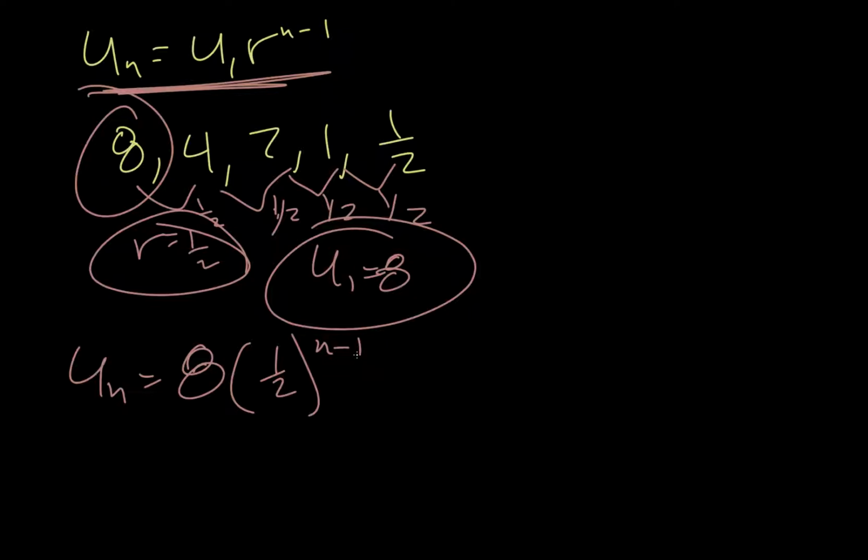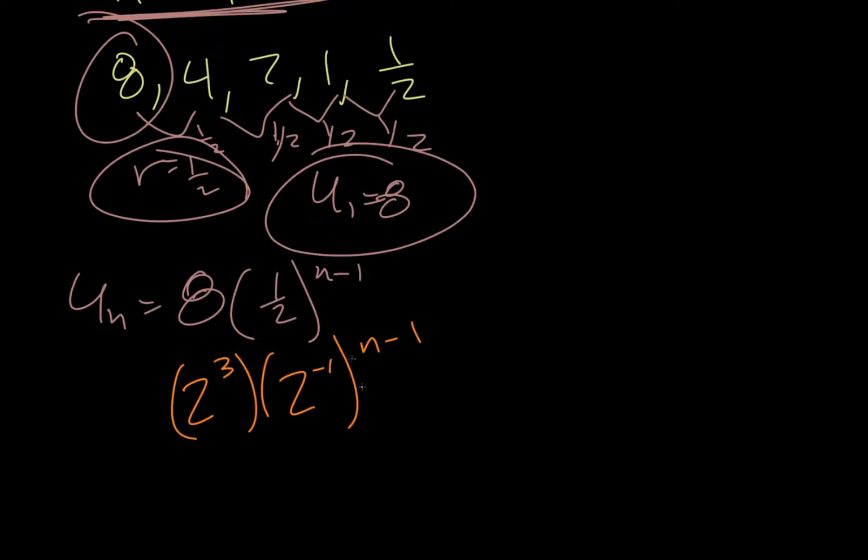Now your book takes it a little bit further, so I'll just show you what they're doing. I don't think we need to take it past this, to be honest, but they think of 8 as a power of 2, so they think of it like that, and then they think of 1/2 as a power of 2, so they think of it like that. And then they use some exponent rules. So first we use this exponent rule where we multiply those two together.